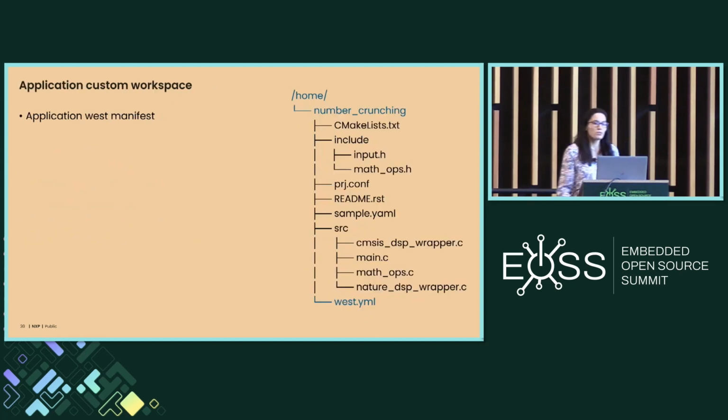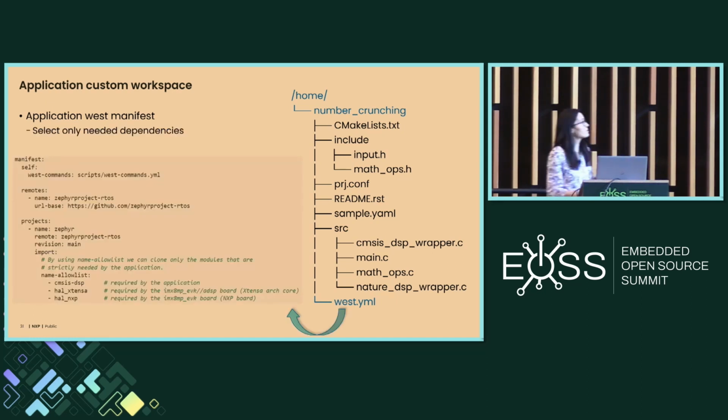Okay, another use case is a custom workspace. That means that for a custom workspace, we'll need to have a specific manifest. That means a specific west.yml for our application. So this contains a description of the Zephyr installation, including Git repository, and the necessary dependencies of our application.